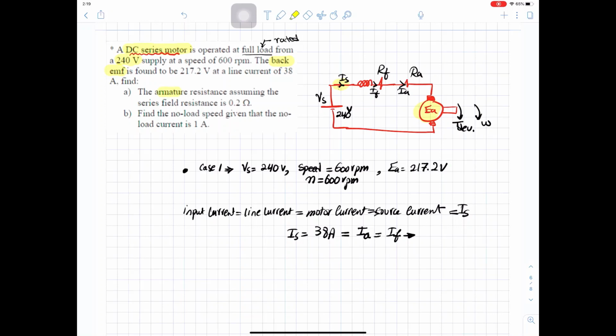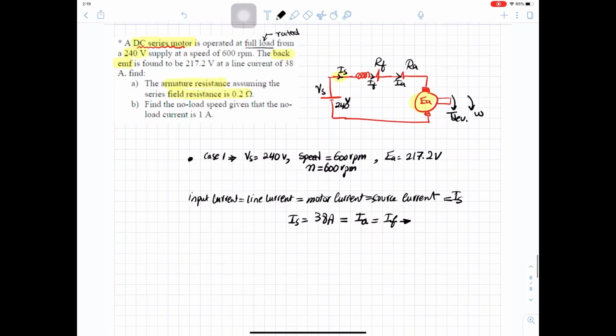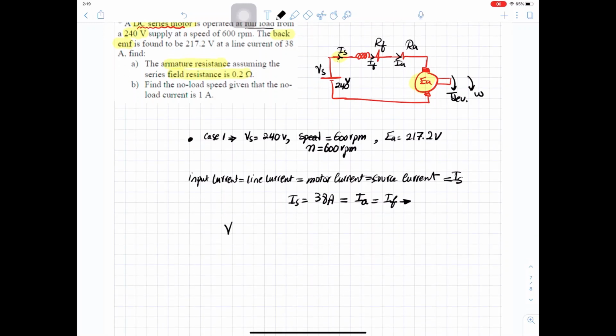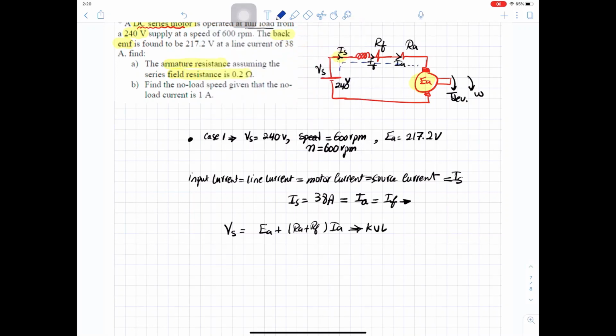Here we need to find the armature resistance, assuming that the field resistance is 0.2. For DC motors, the problem is so simple because it's just DC. No complex number calculations, no magnitude and angles, no active and reactive. Simply, if we apply KVL, V source equal to EA plus (RA plus RF) IA. This equation is simply KVL around this loop.